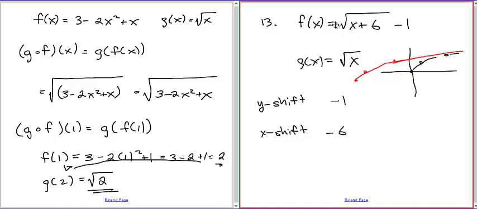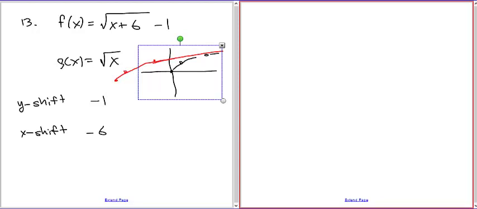If this had a negative sign out in front, this thing would reflect across the x-axis. I'm just looking ahead to see if there's one with a negative. Yeah, I don't see that, so I'm going to do this extra problem. Let's say we had the same problem, but we had negative the square root of x plus 6 minus 1.